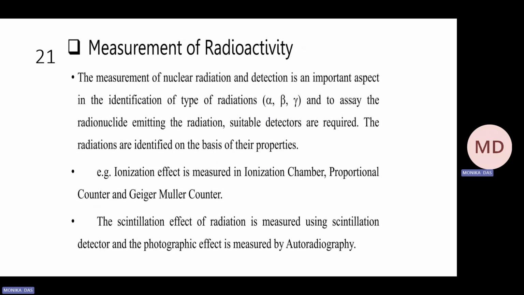What is the application of these detectors? The detectors are used to detect the suitable type of radiations. The radiations are identified on the basis of their properties. Next, what type of instruments are used in radioactivity measurement? The ionization effect is measured in an ionization chamber, proportional counter, and Geiger-Müller counter.